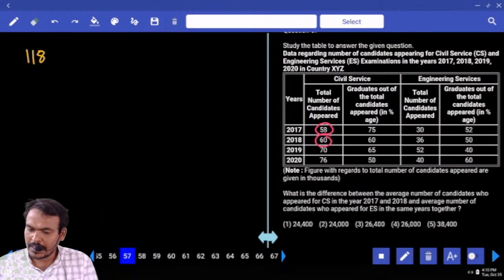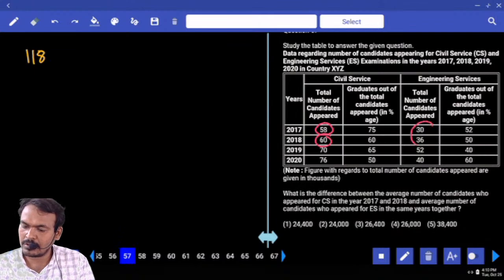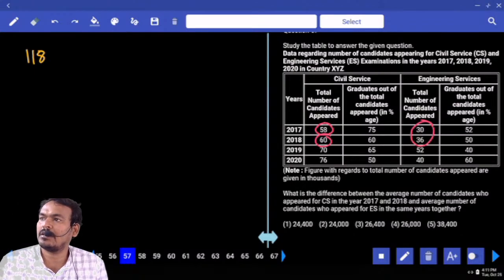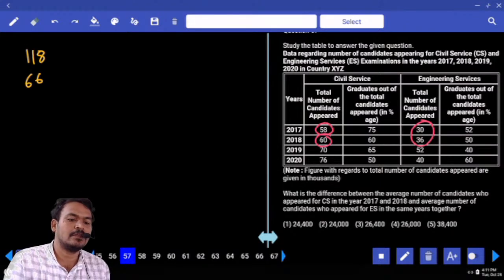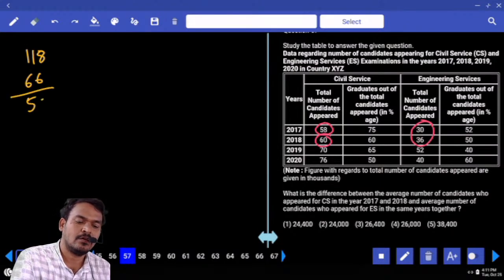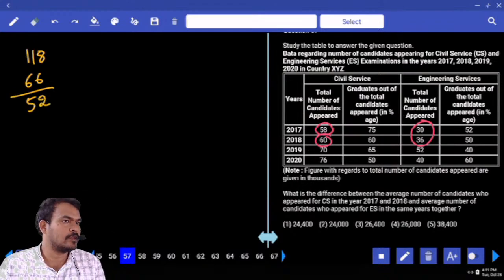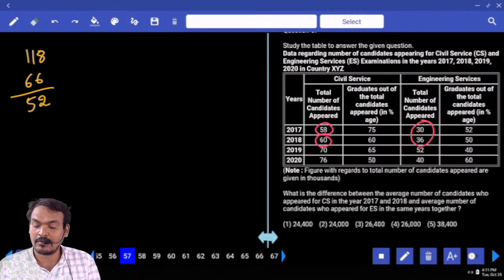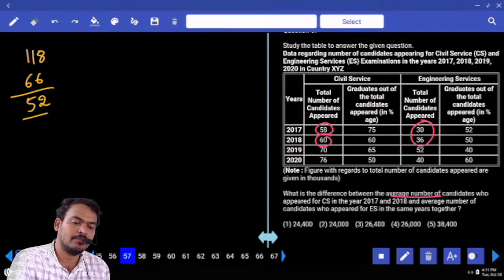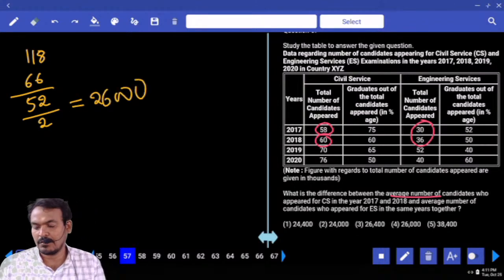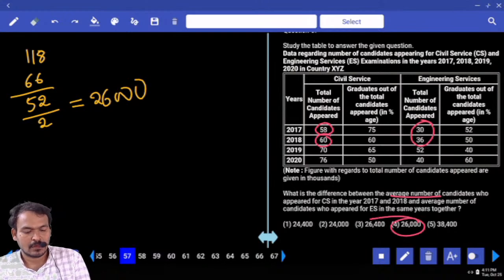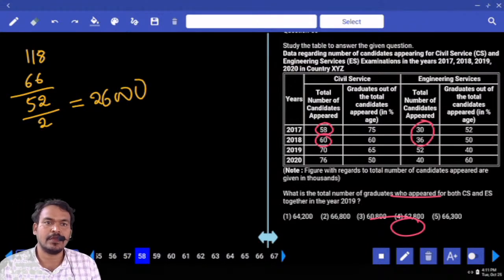Next, ES 2017, 30; 2018, 36; sum is 66. The difference is 52. But we require the average difference, so divide by 2. The answer is 26, that is 26,000.